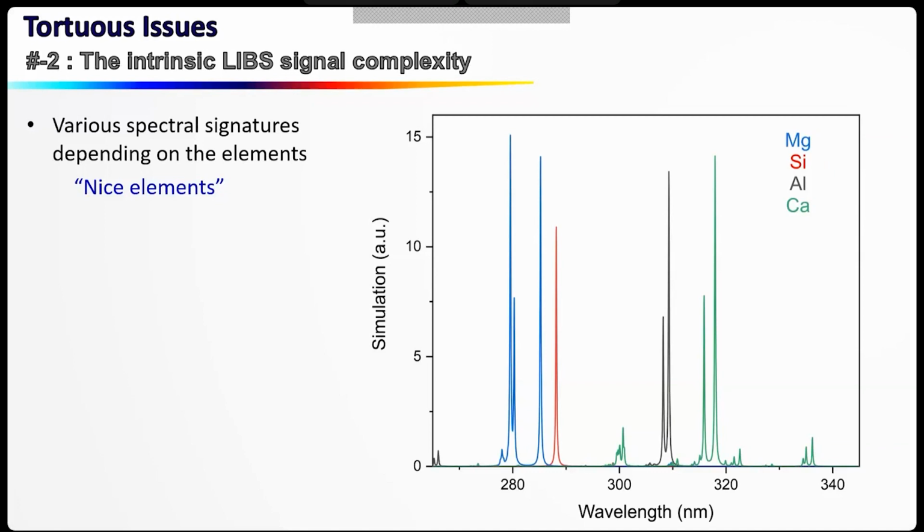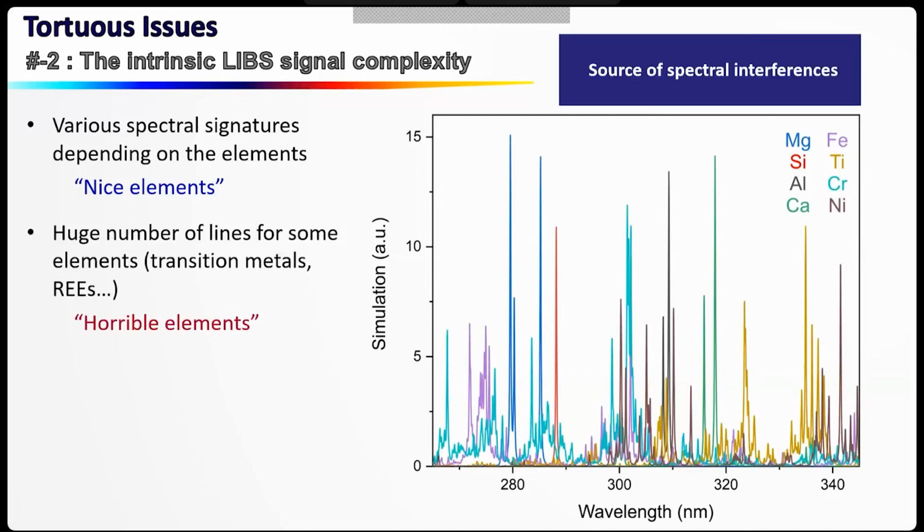And you have awful atoms. Iron. Iron is awful, honestly. It has several thousands of lines everywhere. All transition metals like titanium, chromium, nickel also have thousands of lines.